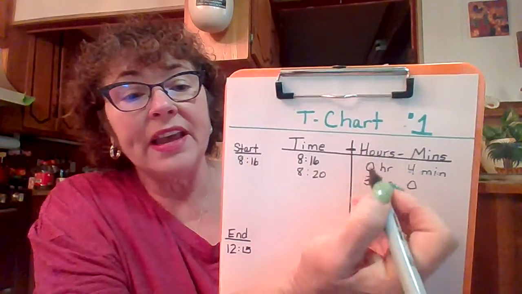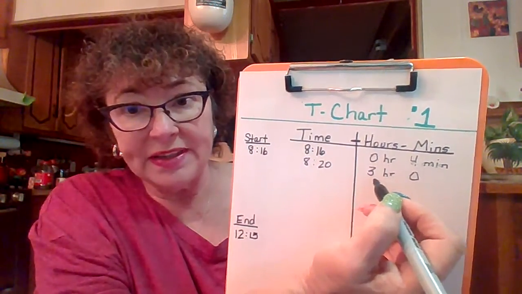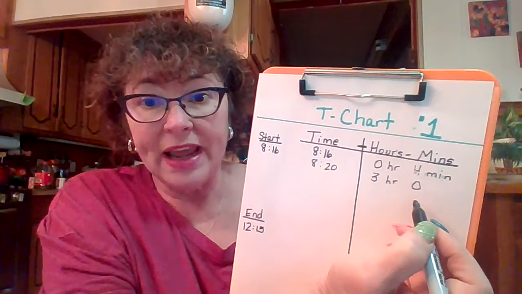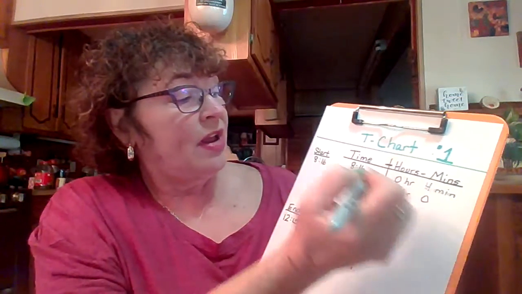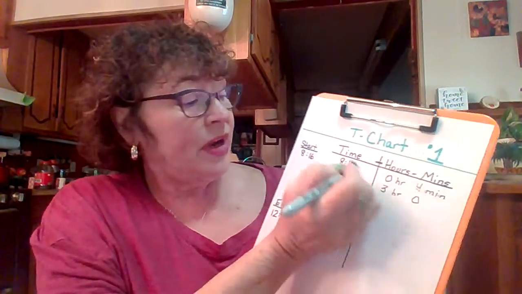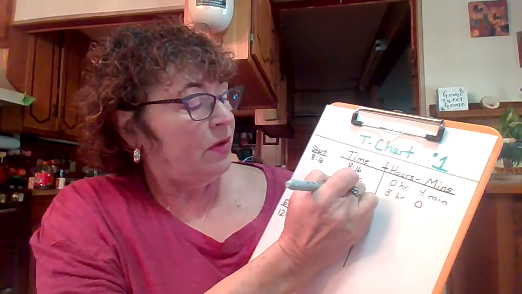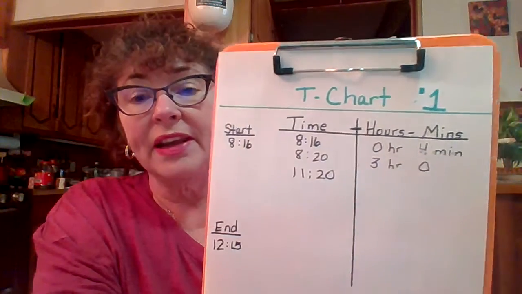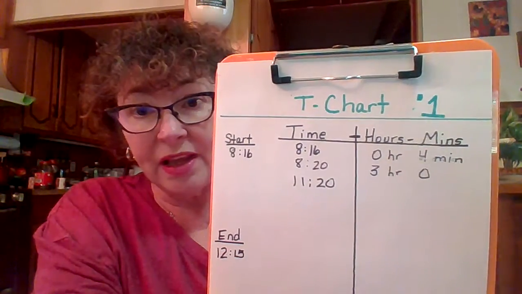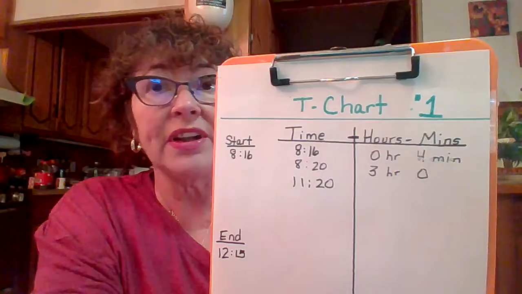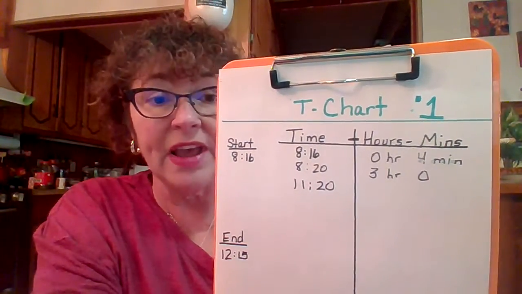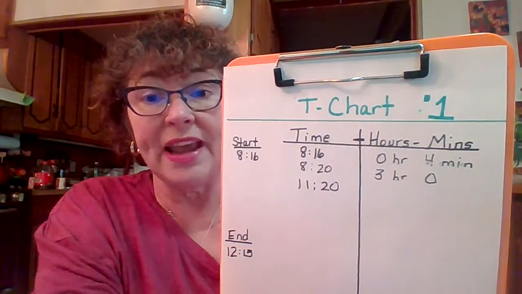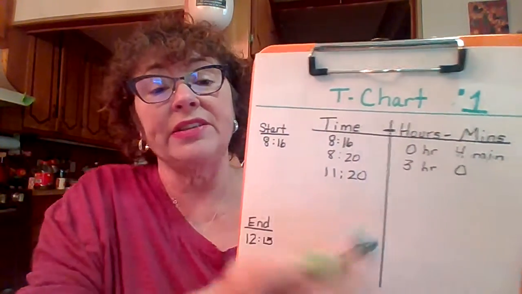Okay, now you notice I'm keeping my hours on this side and my minutes on this side. That way we can add them up real easy. So adding 3 hours to 8:20 got us to 11:20. Now, 11:20 is definitely a multiple of 5, but I want to get to the nearest half hour right now because I know that's going to make it easier.